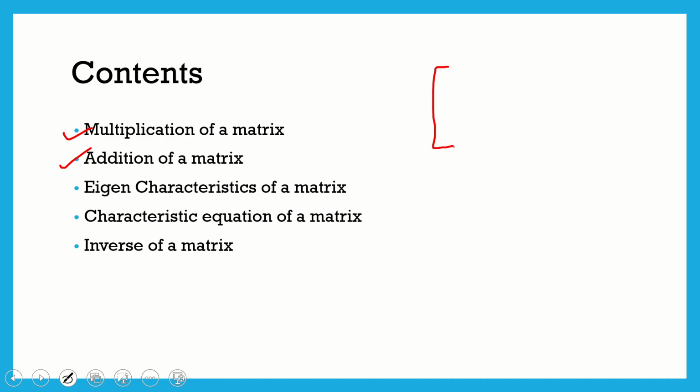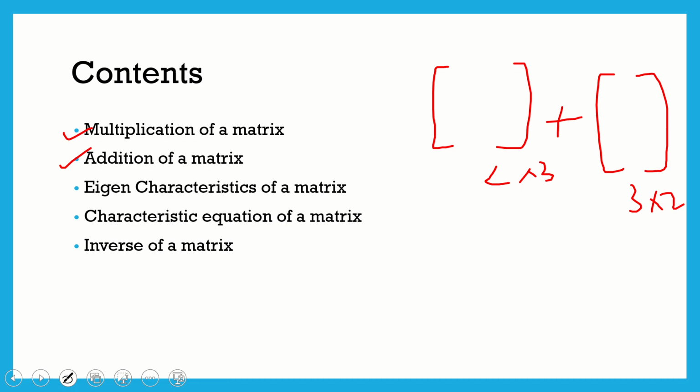For example, if you take a 2 by 3 matrix and I ask you to add a 3 by 2 matrix, is it possible to add? No. But if I asked you to multiply these two matrices, definitely it is possible. You will get a 2 by 2 matrix, right? And you know these things.